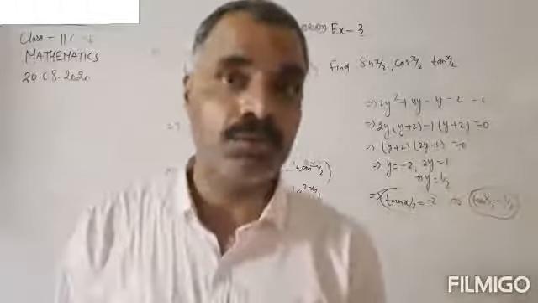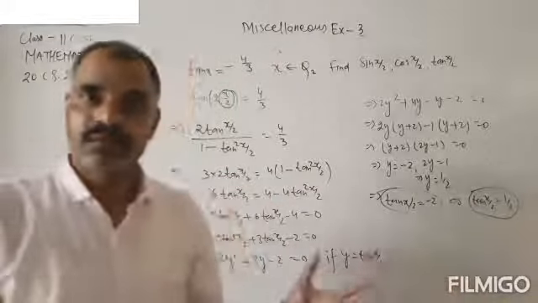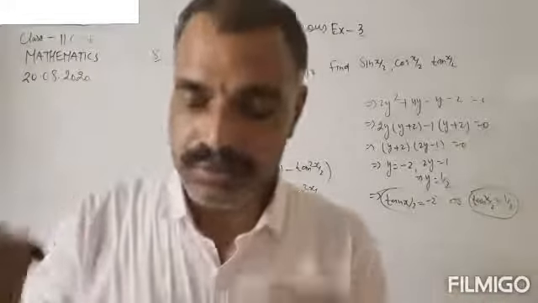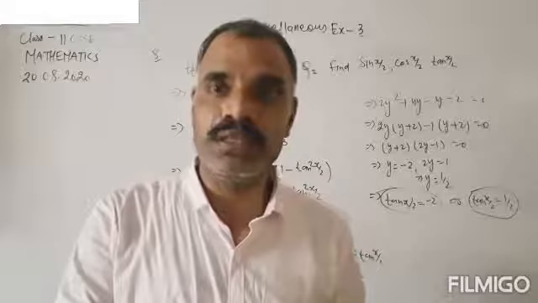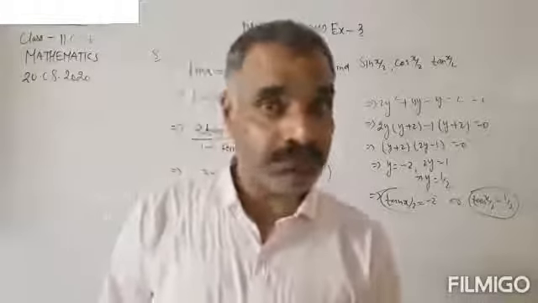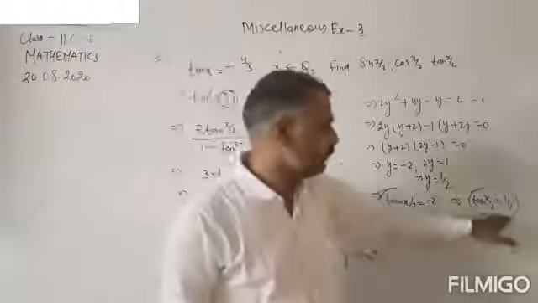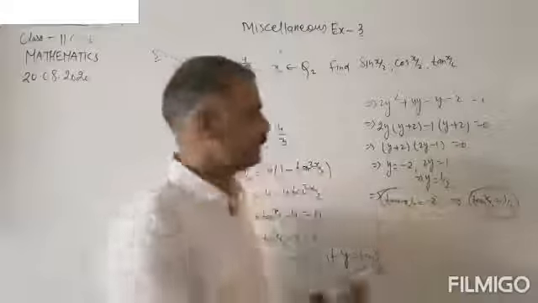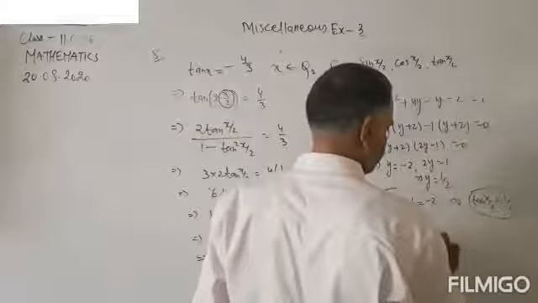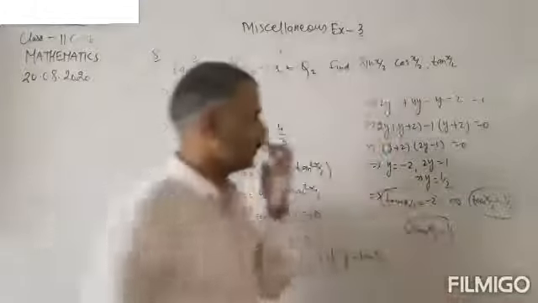In the very initial of this question, I have told you that tan x by 2 lies in first quadrant, and in first quadrant tan x by 2 is positive. That is why the positive value is correct value. So tan x by 2 is equals to 1 by 2.